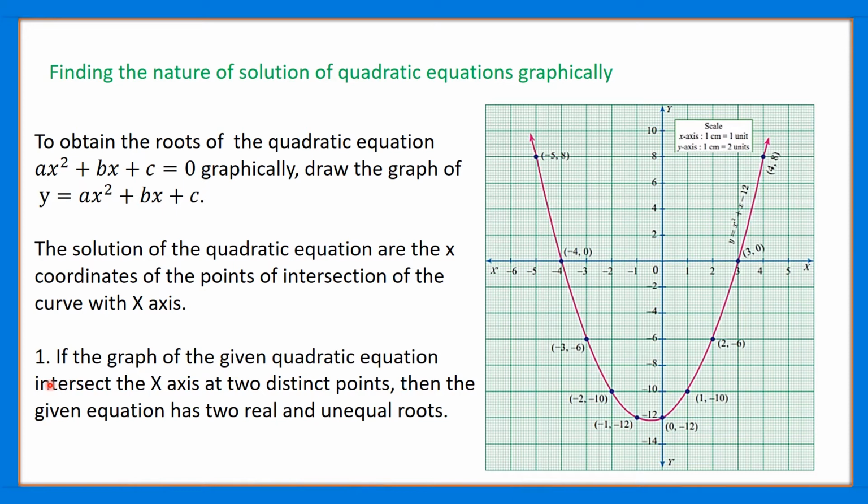So in order to graph this particular quadratic equation, we'll be drawing the graph of y is equal to ax square plus bx plus c. And after plotting the graph, we need to find the graph's intersection point with the axis of symmetry curve.